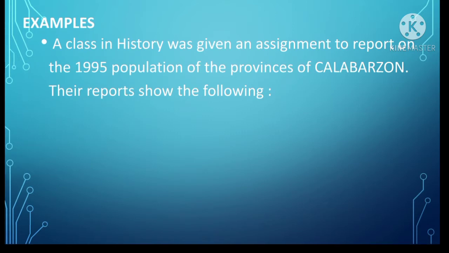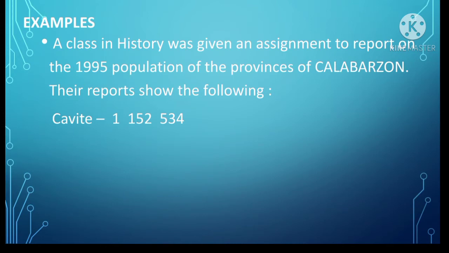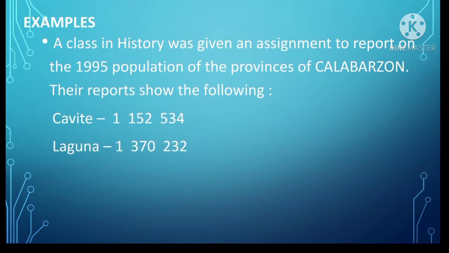A class in history was given an assignment to report on the 1995 populations of the provinces of Calabarzon. Their report shows the following. The provinces that belong to Calabarzon: first is Cavite, with population data of 1,152,534.